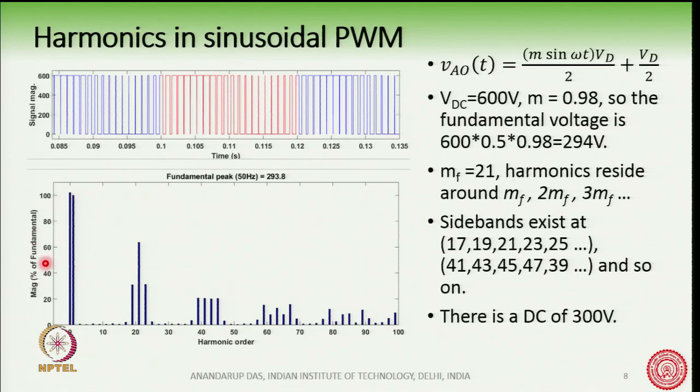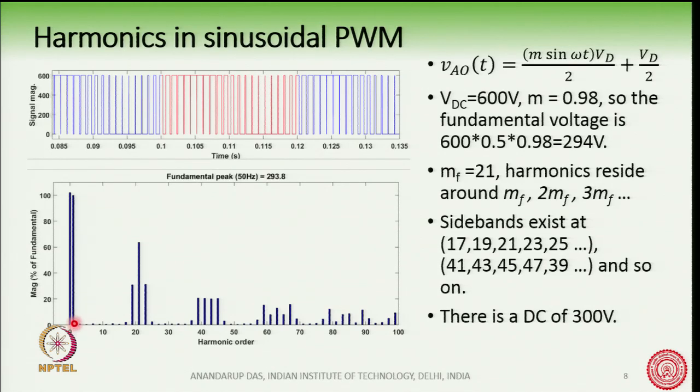It is shown as a percentage of fundamental. So, the fundamental voltage here is taken as 100%, which is equal to 294 volts, and which is also obtained from simulation, 293.8, which is almost equal to 294 volts.